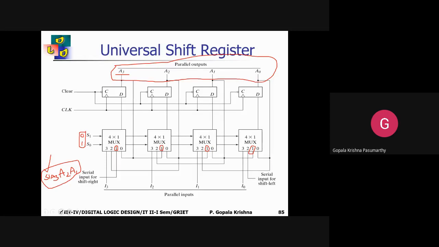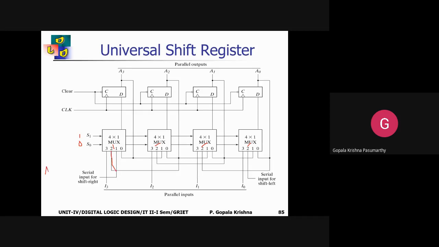In a similar way, let us go ahead with the next one. For example, if you take S1 and S0 as 1, 0, the second input will be selected everywhere. If all the second inputs are considered, the second input is coming all the way from A2.